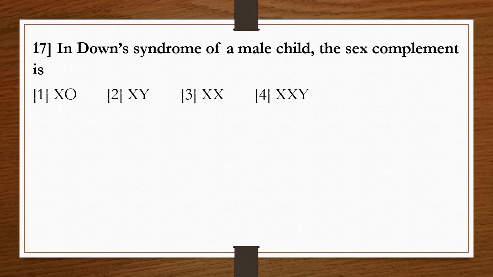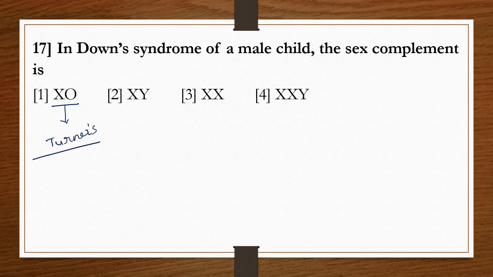Question 17. In Down syndrome of a male child, the sex complement is: options 1. XO, 2. XY, 3. XX, 4. XXY. Now let's see. This XO is the sex complement of Turner's syndrome.